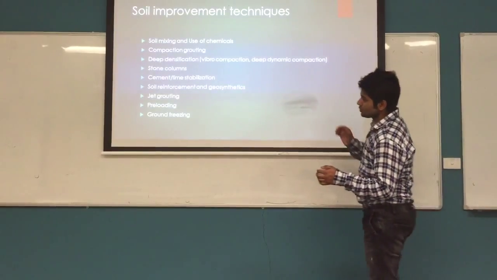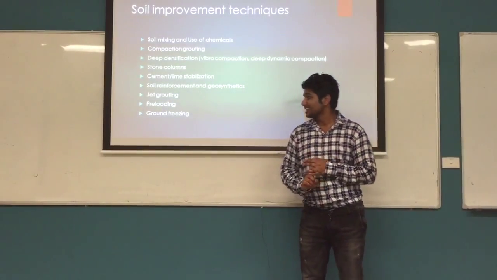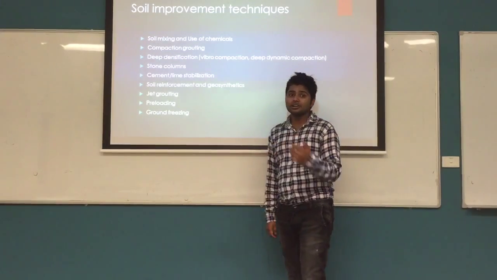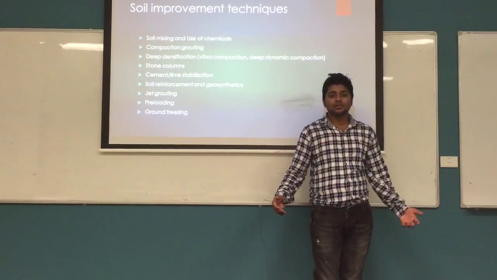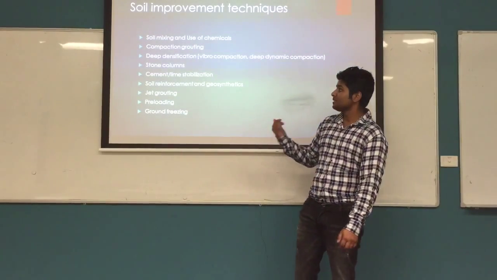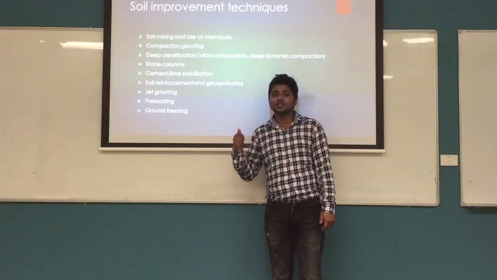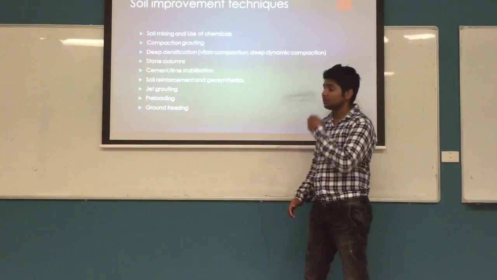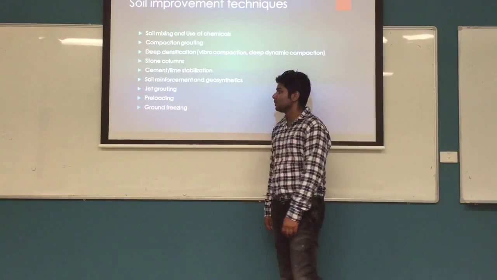Besides this, soil reinforcement and geosynthetics is also one of the methods. Soil reinforcement clearly defines the use of tensile materials in the soil to increase its stability, and geosynthetics means the use of geotextiles or geogrids in the field to increase the stability of the soil.